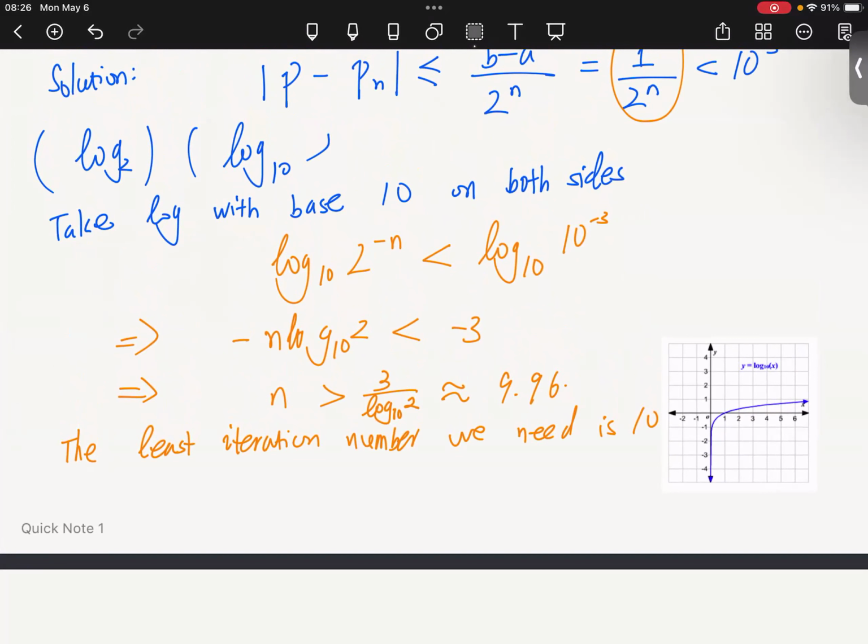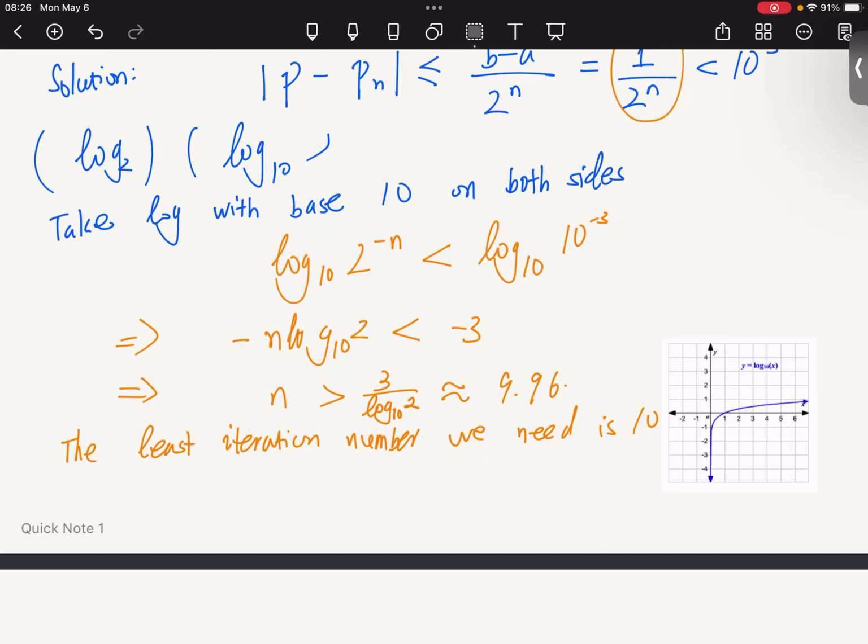When we take the logarithm function, it keeps the order of the relationship. Because 2 to the negative n is smaller than 10 to the negative 3, when we take the logarithm, they will stay in the same order. The logarithm of this value is smaller than the logarithm of that value, because this function is increasing.